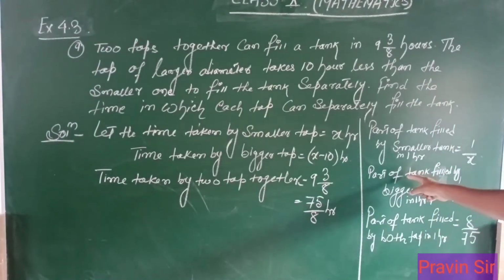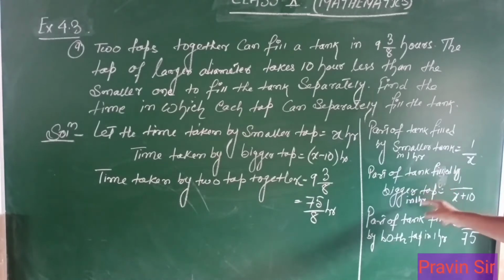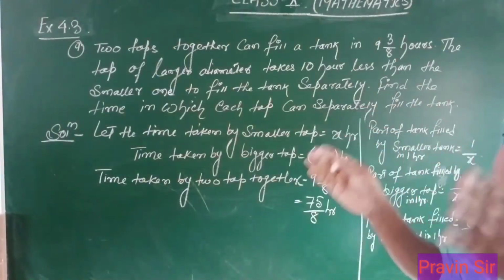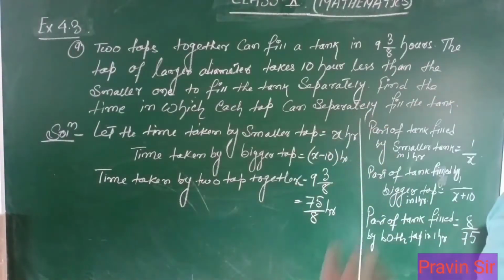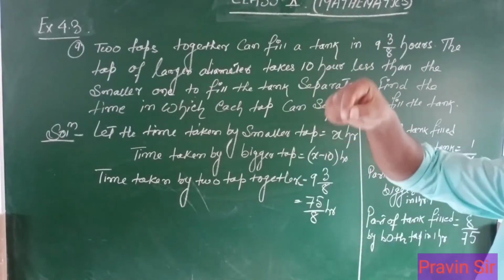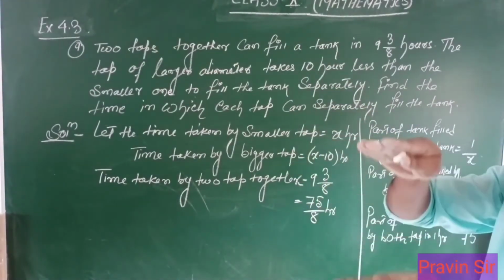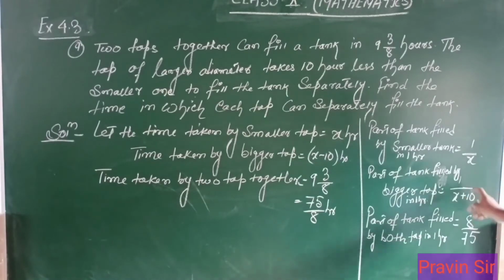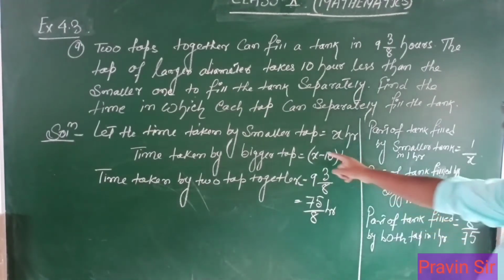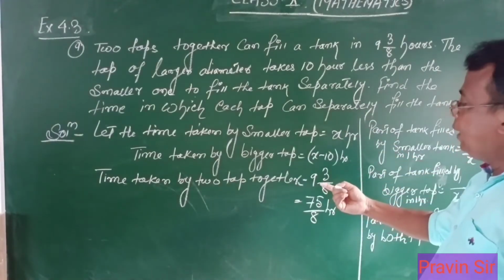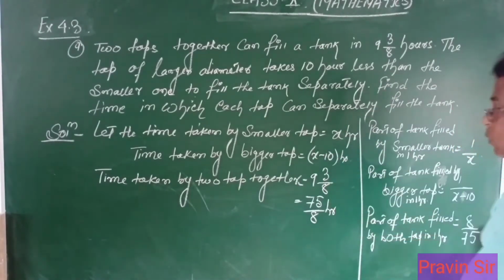Similarly, part of the tank filled by the bigger tap in 1 hour. How much part of the tank does the bigger tap fill in 1 hour? It is not x plus 10, it is x minus 10. Take the reciprocal, 1 by x minus 10.